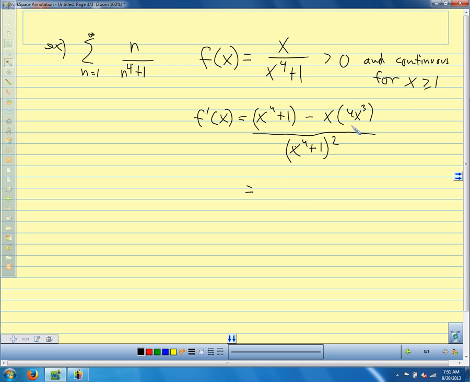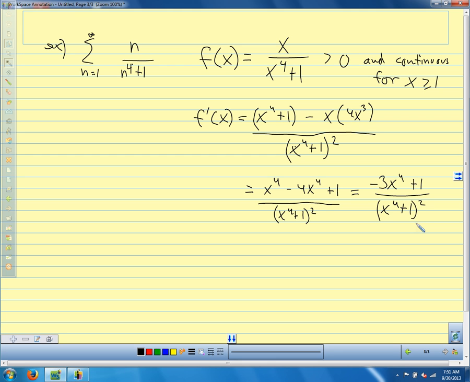I'm going to rewrite this, since it's not clear that this is negative. I get x to the fourth plus 1 minus 4x to the fourth, all over the denominator, x to the fourth plus 1 squared. And we get minus 3x to the fourth plus 1 over x to the fourth plus 1 squared.